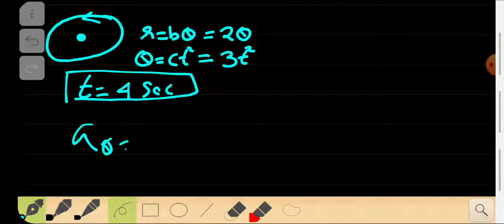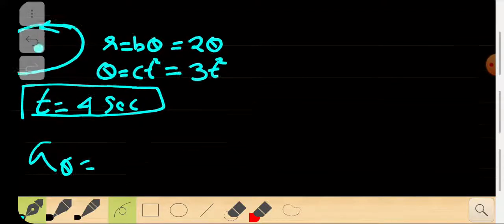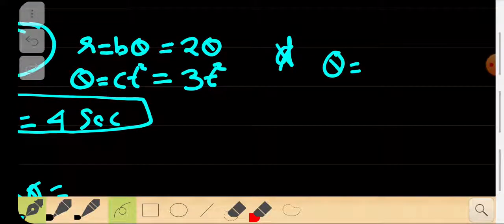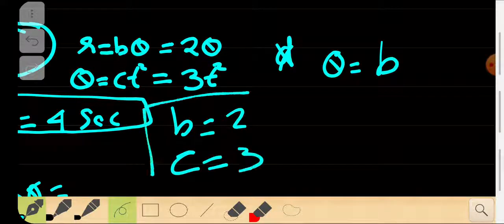Before that, r is equal to b theta, and theta is equal to c t square. Let's call it b theta. The values b equals 2 and c equals 3 I'm going to substitute later.